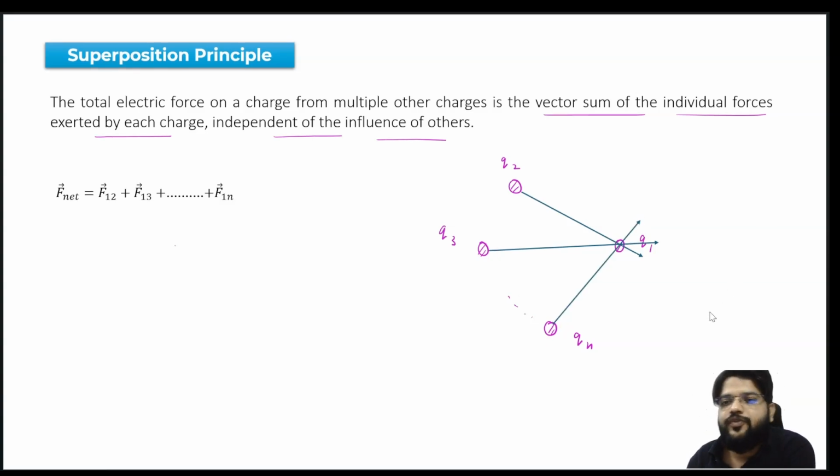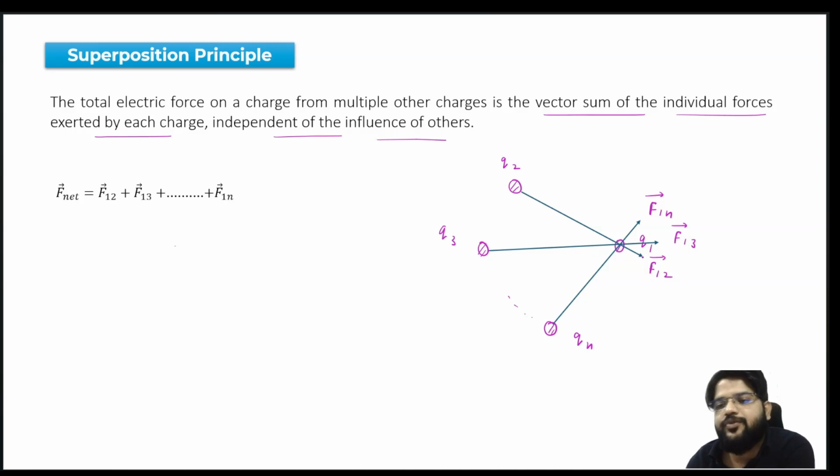Alright. So first of all, we are writing individual forces. Force on the first charge due to the second is F12. Force on the first charge due to the nth charge is F1n. Force on the first charge due to the third charge is F13.